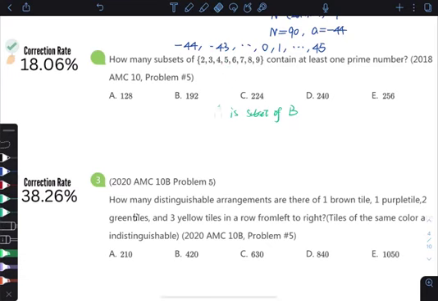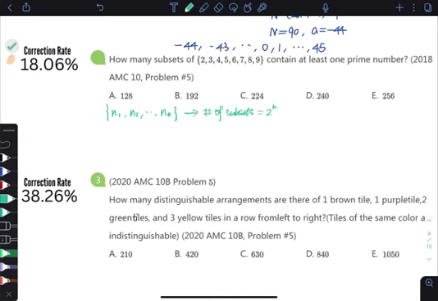There's also a commonly used formula for calculating the number of subsets. Let me write it down. If I have a set with elements n1, n2, until nk, which are k distinct elements, then the number of subsets is 2 to the kth power.